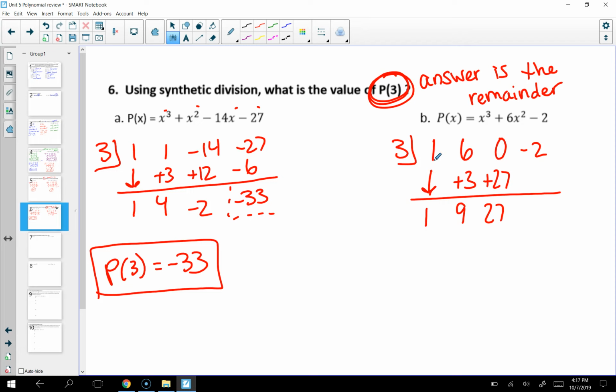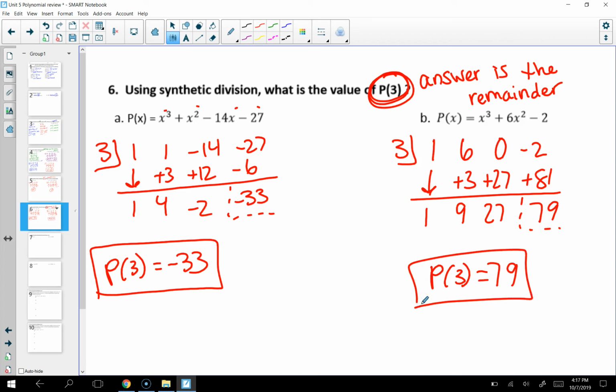Let's see, what does that give me? 6, 71? No, 81. So that gives me 79. So when I plug 3 into this one, we get 79 as an output, as a result.